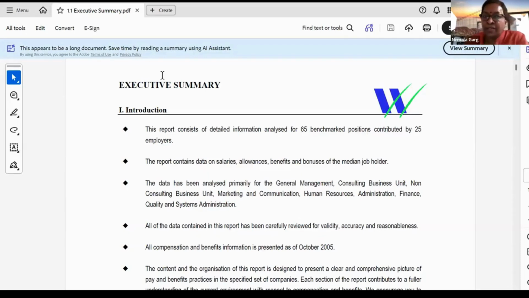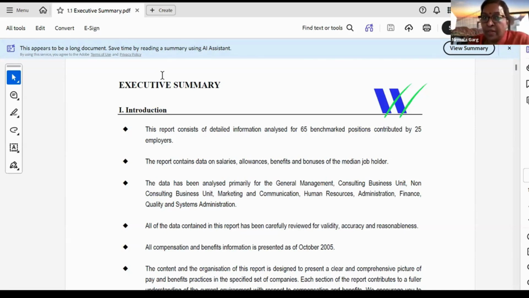Okay. So before I shift to some compensation analytics, I just want to take you through whatever you have done. This is a published survey. It's an old report, but it will help you understand how a salary survey looks and how the data is presented in the percentile format.